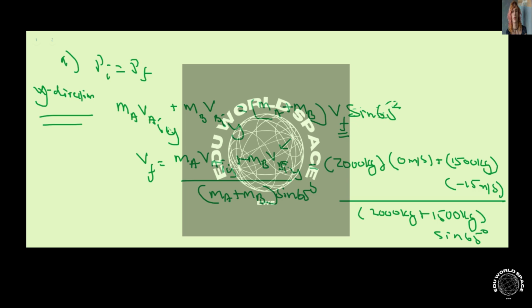Something you want to know is that when you plug in the numbers, you'll be able to get the V final, which happens to be 7.1 meters per second. So this is v final, 7.1 meters per second.